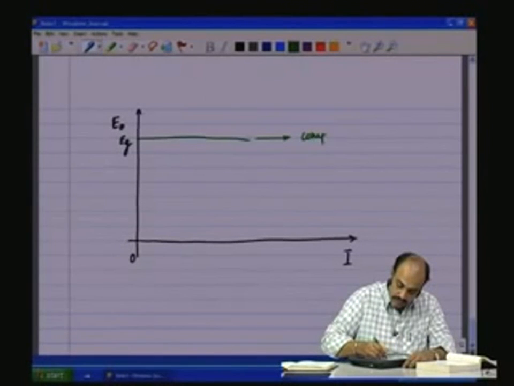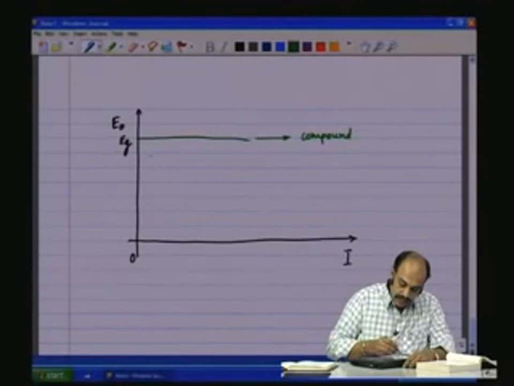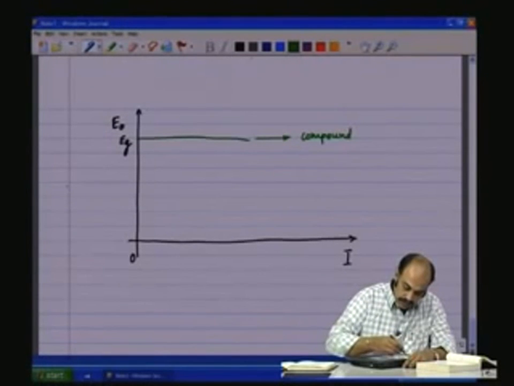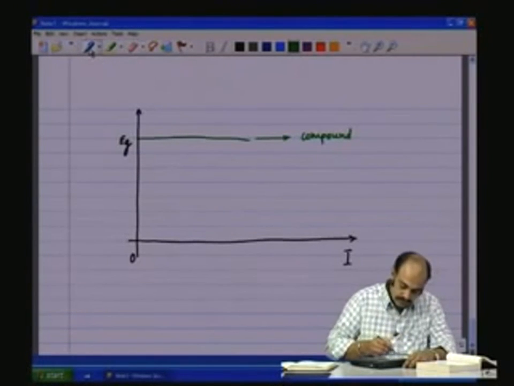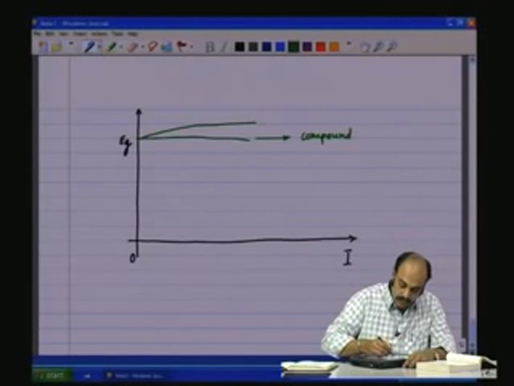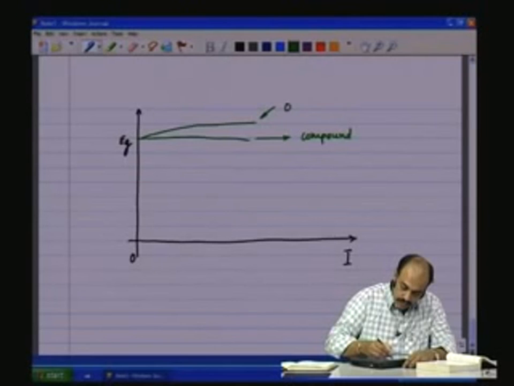That is one of the best in terms of regulation. And in the case of the over compound, there will be a generation, let us plot in terms of Eg, which generates slightly higher with increasing load, so that it compensates for the IRA drop. This is the over compound.